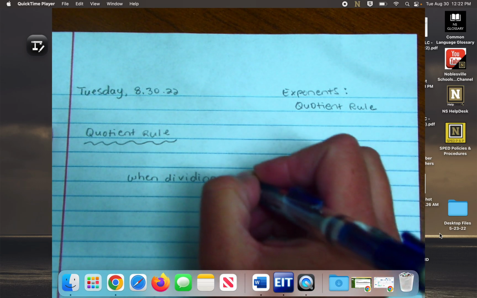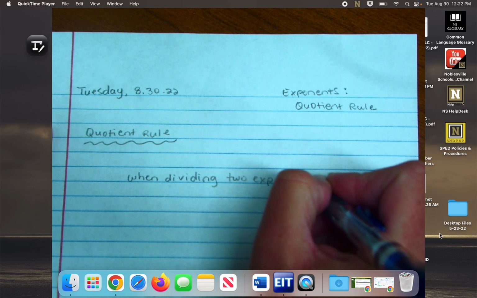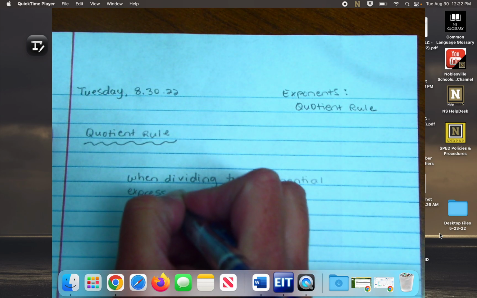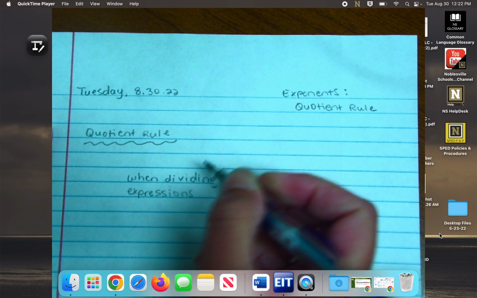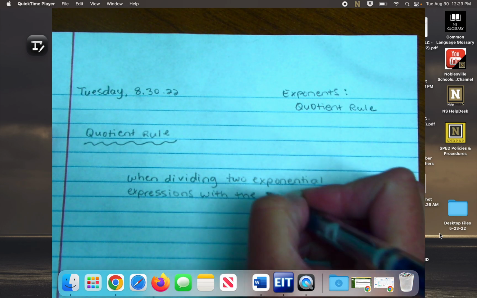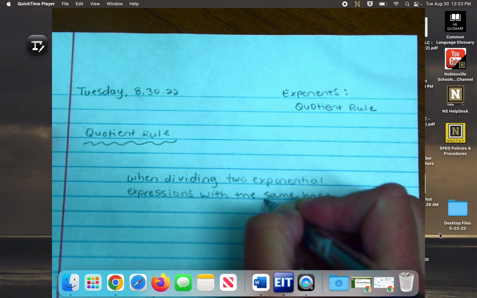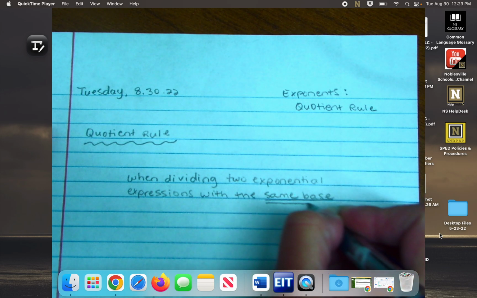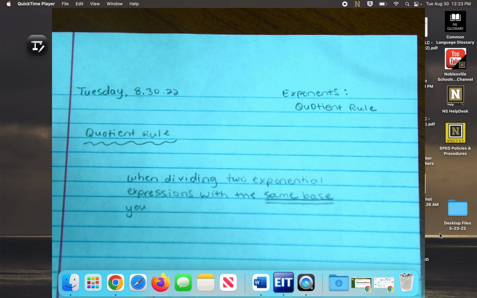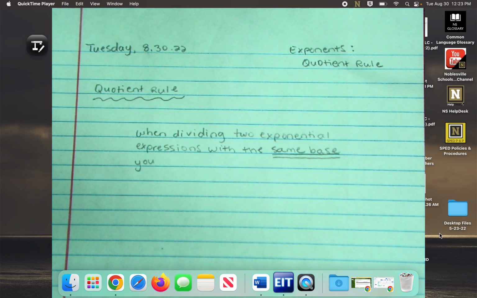When dividing two exponential expressions with the same base, anybody want to make a prediction what we'll do with those exponents?